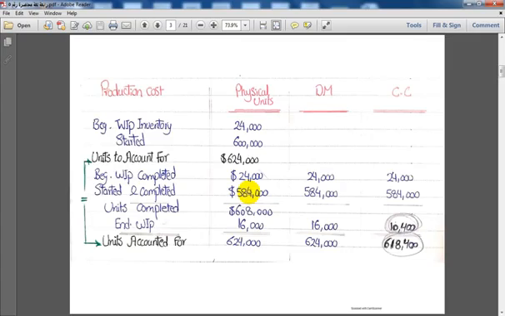Started means at 0%. So we have beginning work in process and units started equal 100,000 plus 1,500,000 equal 1,600,000. So the total units to account for equal 1,600,000.